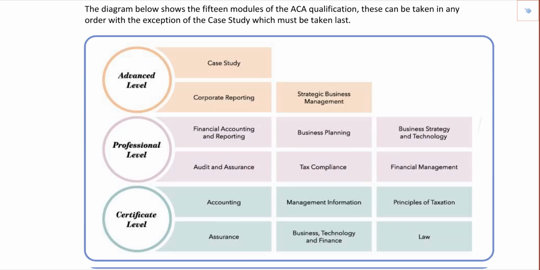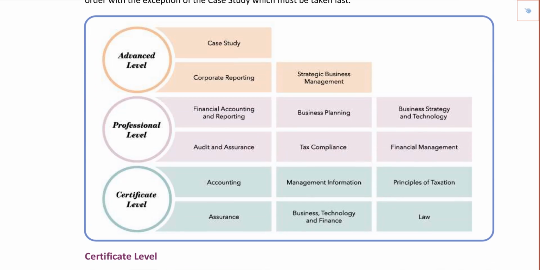Now what we're going to take a look at is how the Business Technology and Finance module fits into our overall qualification. We can see here we are down in the certificate level, Business Technology and Finance. The stuff that you learn in Business Technology and Finance is going to link directly into the Business Strategy and Technology paper that you're going to sit at the professional level.